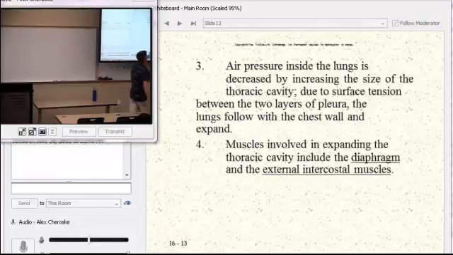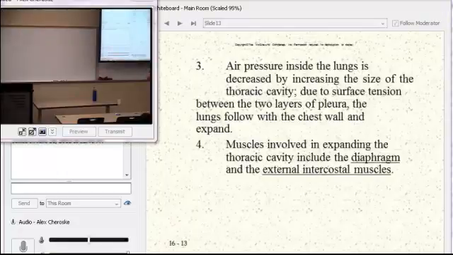The other thing we use are the external intercostal muscles. External means outside, inter means between, and costal means ribs. So these are the muscles that exist between the ribs, the rib cage. There are two layers: an external layer, which is the one we're talking about, and an internal layer underneath it, between each of the ribs.